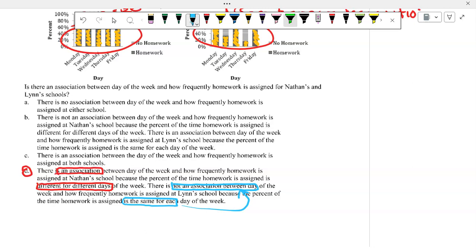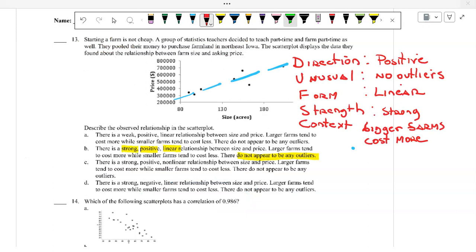When it's different, association. All right, when you're interpreting a scatter plot, you're mentioning these things: direction, any unusual features, the form, the strength, and then the context. So we've got a positive direction because it's uphill. There doesn't seem to be any outliers.